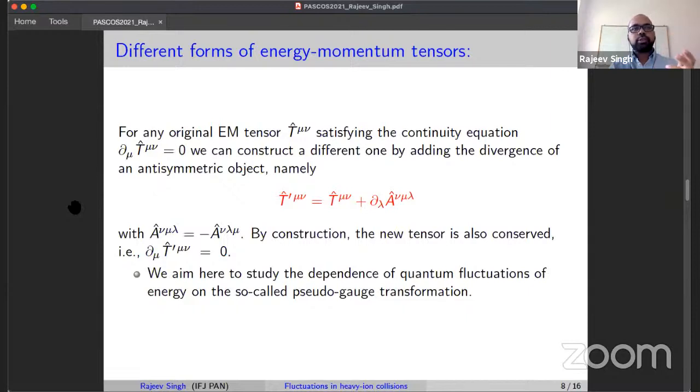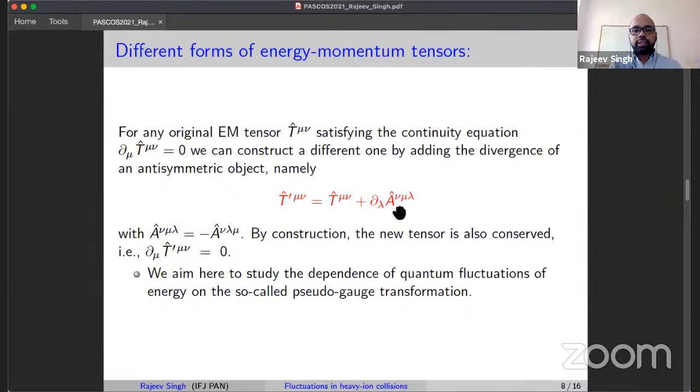So to use T mu nu in relativistic or perfect fluid hydrodynamics, we have to symmetrize it, and one of the ways to do that is called pseudo-gauge transformation. Suppose this is the canonical T mu nu, and this is the pseudo-gauge transformation which we add or subtract to it, and then we get a symmetrized T mu nu, which we can use in relativistic hydrodynamical simulations.